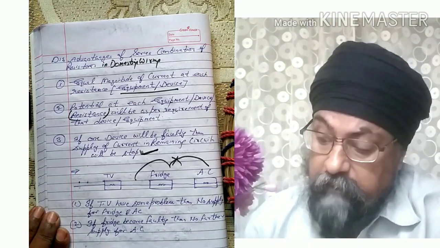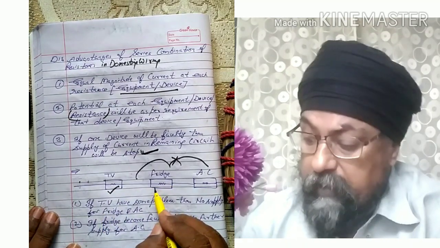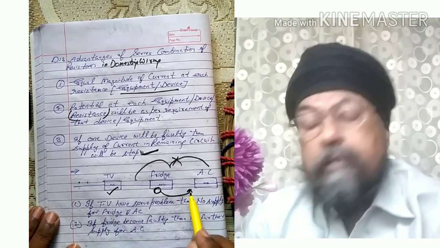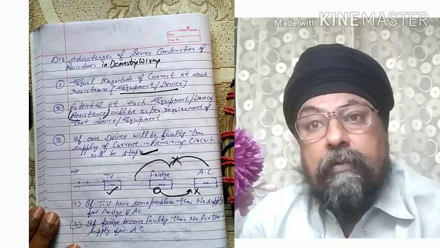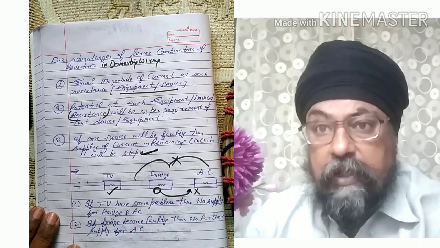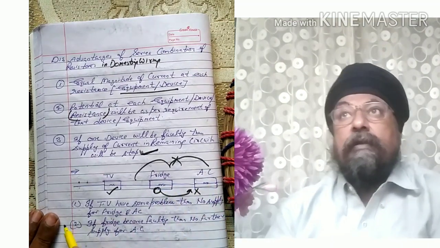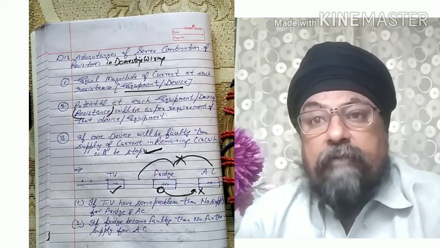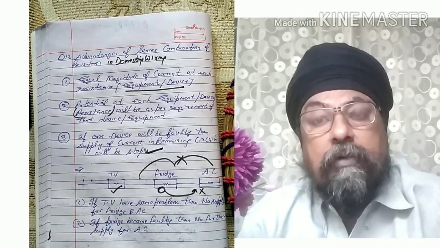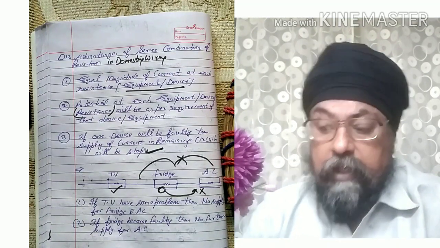In a second condition, if the TV is okay and the fridge is faulty, then the supply to the AC is not good. That means the AC stops working. If the fridge is faulty, then the AC also stops working. In our domestic wiring, if one piece of equipment is faulty, it is not okay to switch off the lights of the whole house.